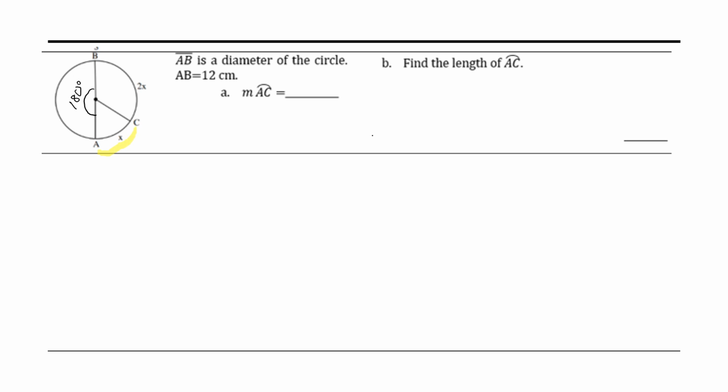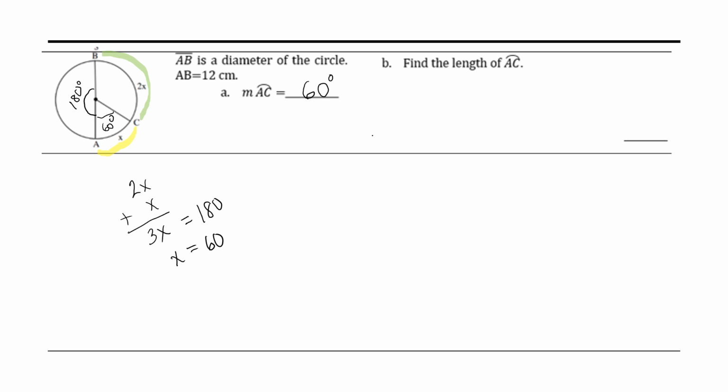And that minor arc plus the arc from B to C would make a straight line. So together, those two, 2x plus x, which is 3x, has to equal 180 degrees, which means x is 60. So this would be a 60-degree angle, which means that that arc would also measure 60 degrees.